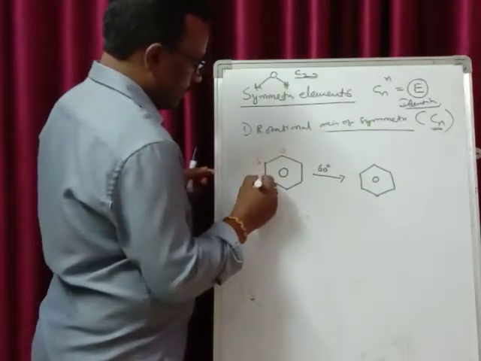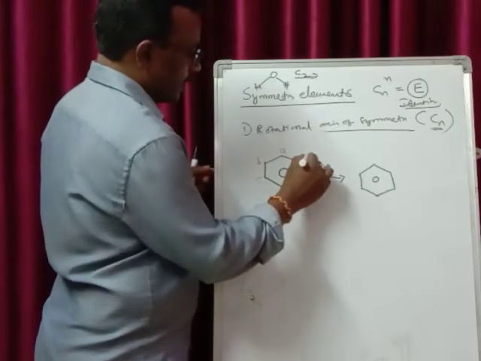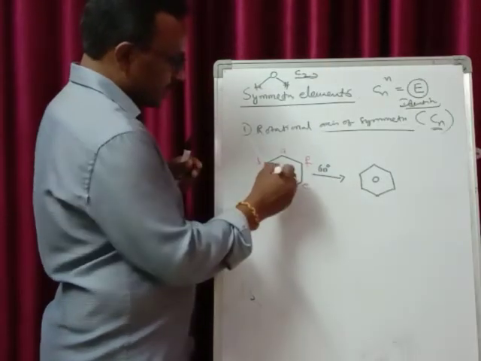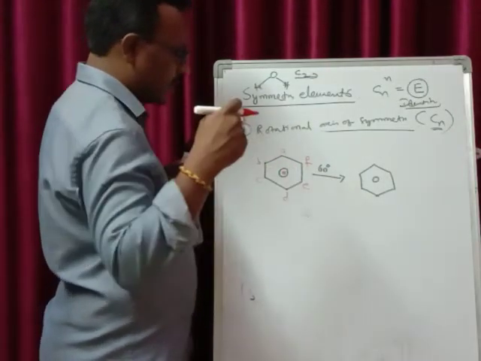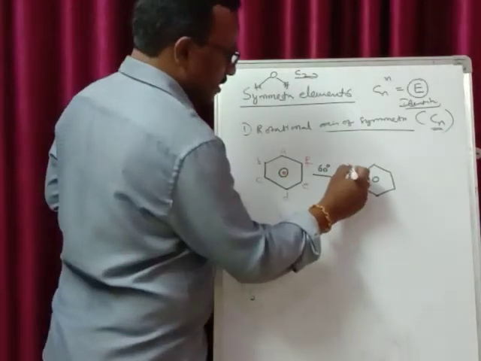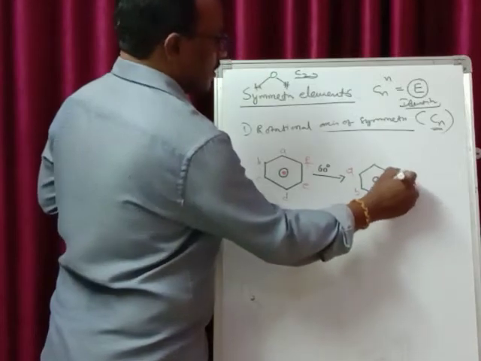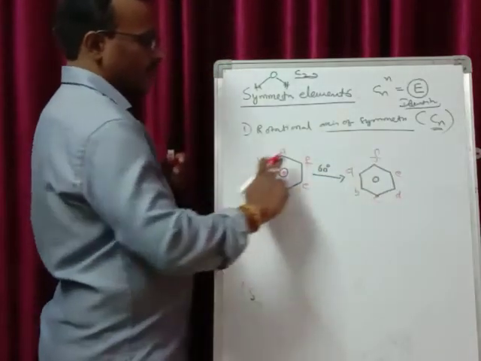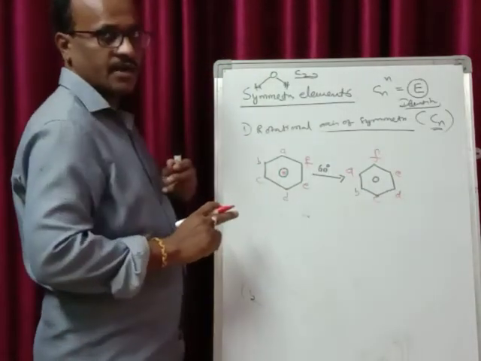A, B, C, D, E, F. See, the axis is passing from the center of the benzene like this, and you are rotating in the board plane itself. On rotation, you can see A, B, C, D, E, and F. The first and the second structures are equivalent structures.